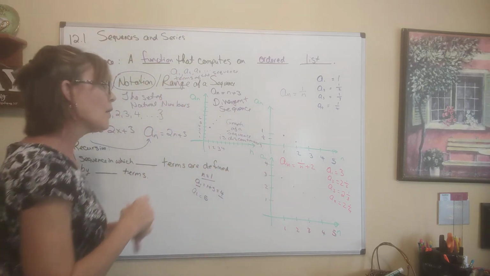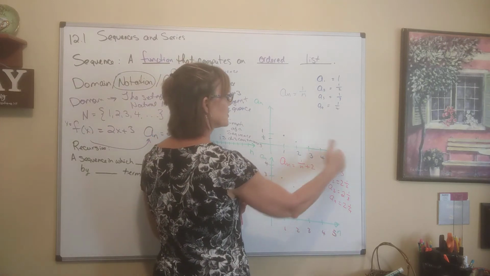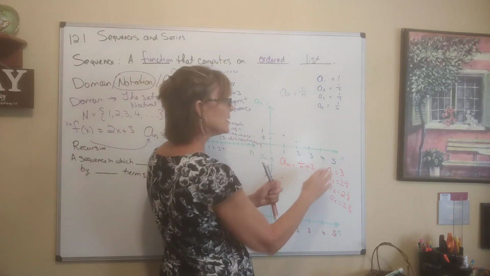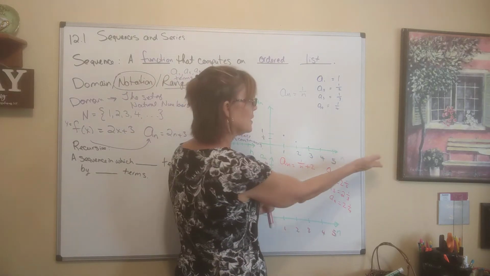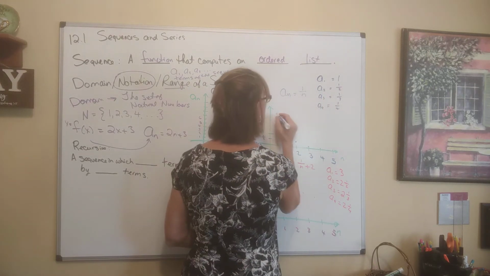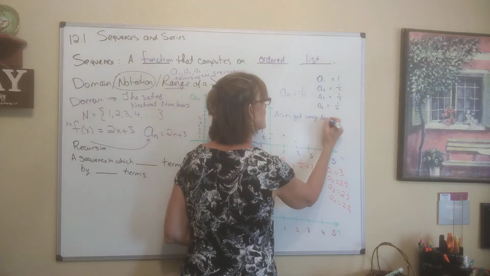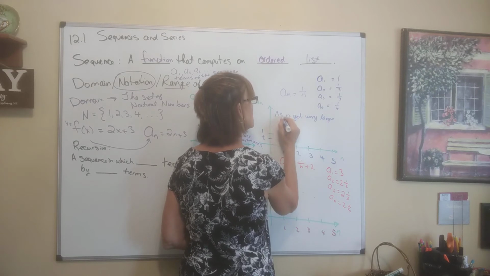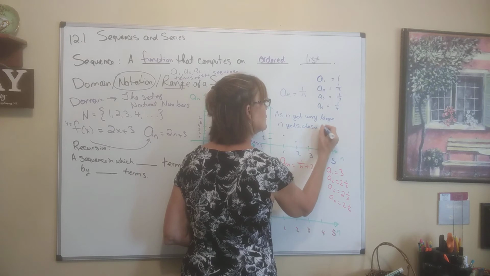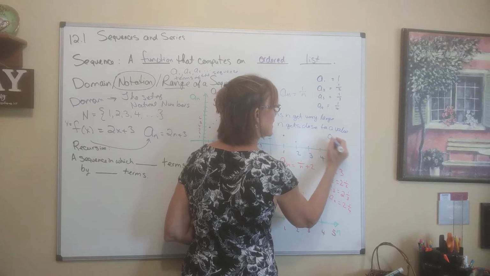Okay. However, look at the blue graph. As n gets larger and larger, the terms of a sub n get closer and closer to a certain number, and in this case, they're approaching 0. So as n gets very large, a sub n gets close to a value, which is 0 in this case.